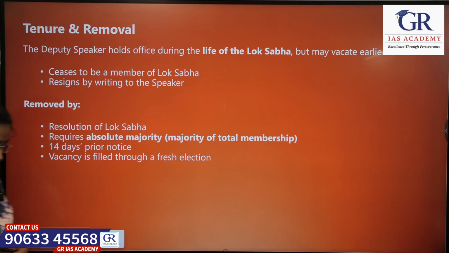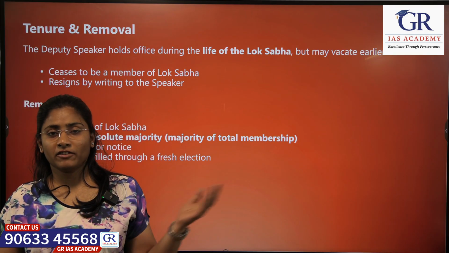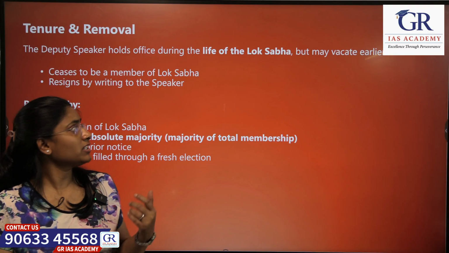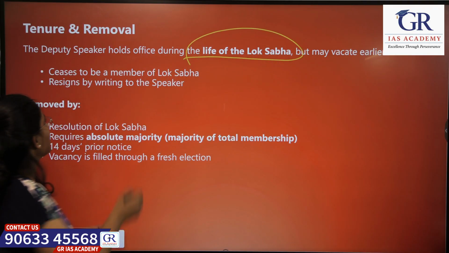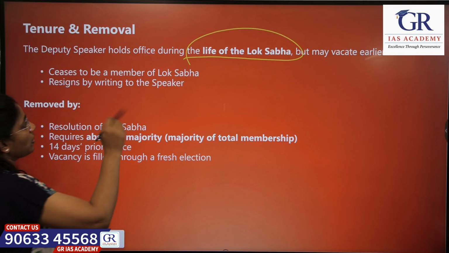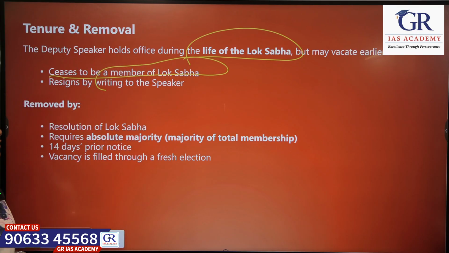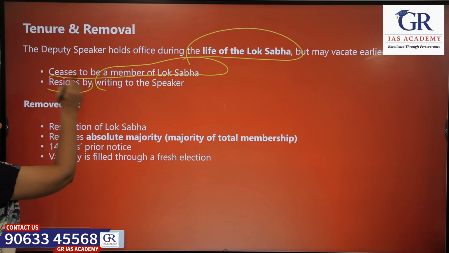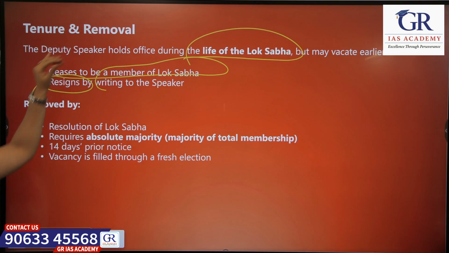Now he is elected with the procedure given in the rules of procedure. So how long will he serve? He will serve until the end of the life of the Lok Sabha, and if he wants he can resign. If he loses his position as a member of Lok Sabha, then the position becomes vacant automatically, and if he resigns, then also the position of deputy speaker will be vacant.